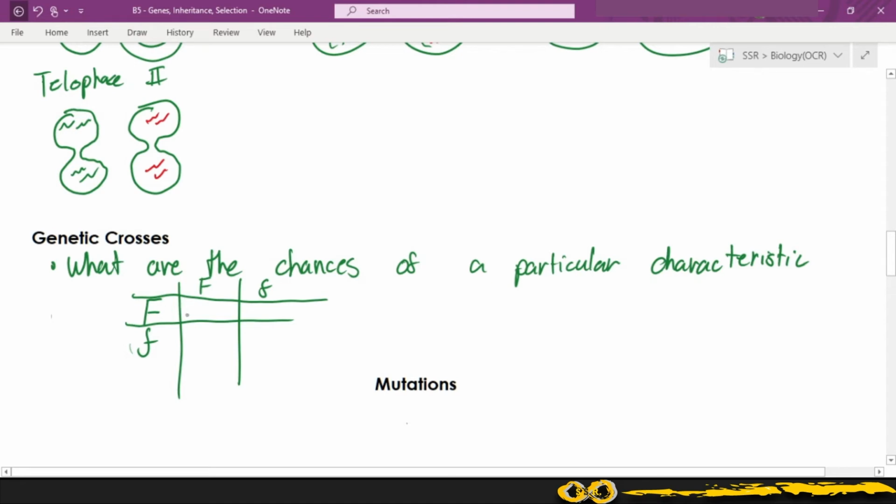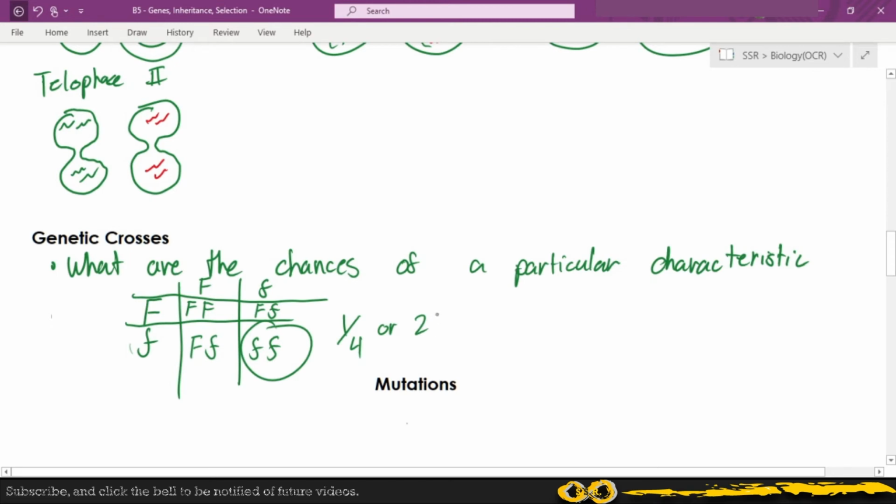So here we'd receive these 2 alleles if this is the random chance that happens. In this one, we'd receive these alleles. In this one, these alleles. And finally, in this one, recessive alleles. So this means that there is a 1 in 4 or a 25% chance of the disease phenotype.